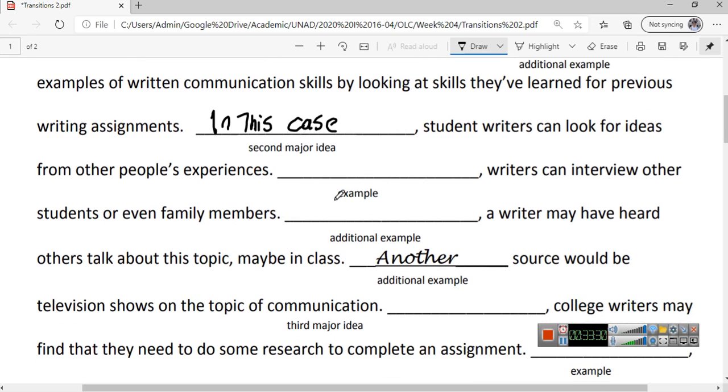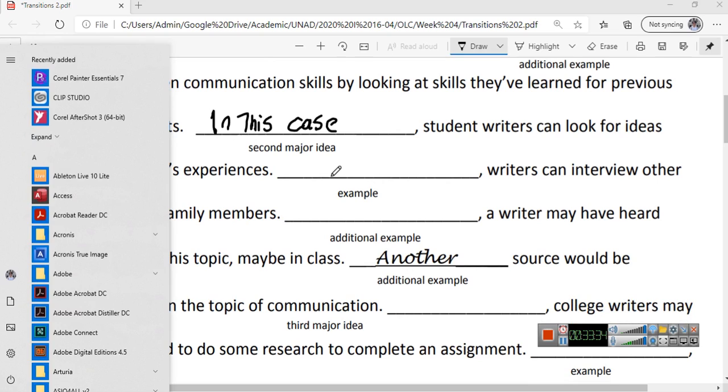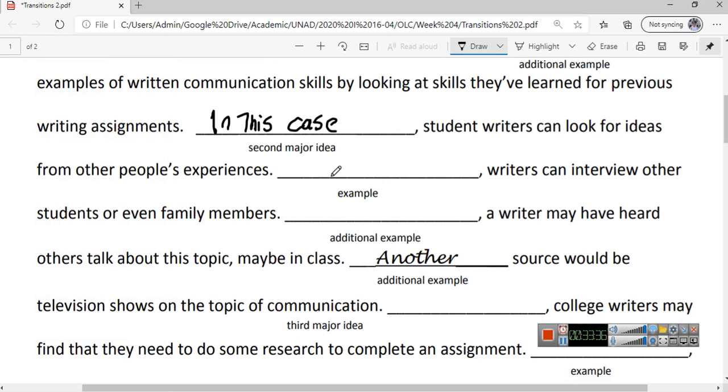Now, we have to give another example. So Laura, please help me with this example. How would you start that sentence? Okay, I think maybe two words. I think the first is in other words. In other words, let me see.